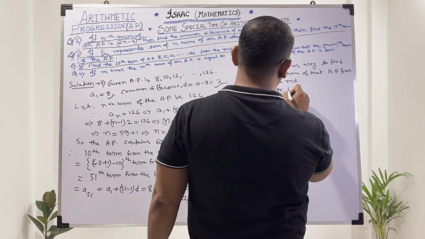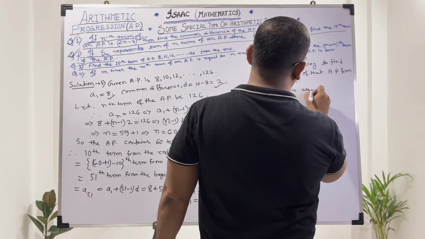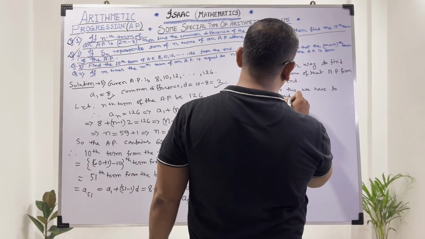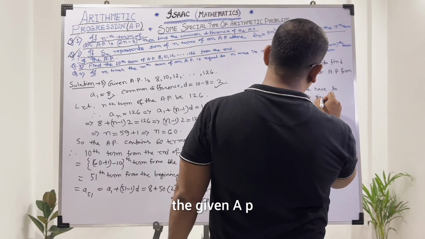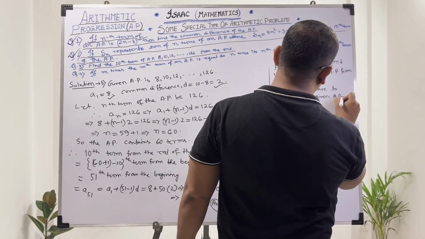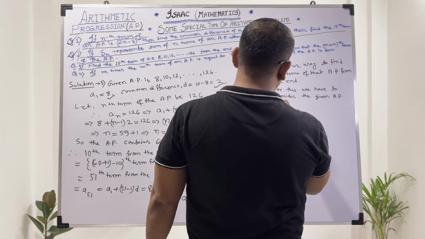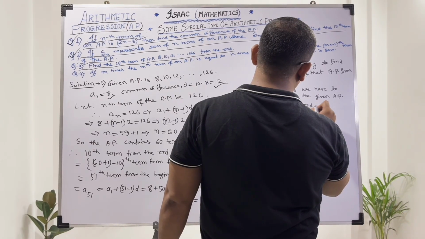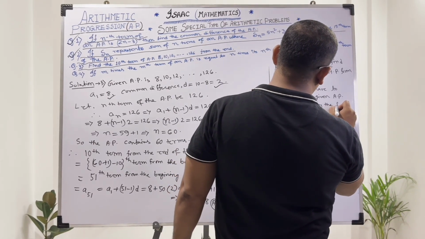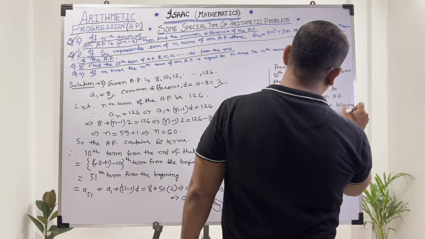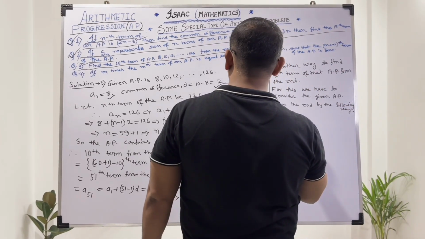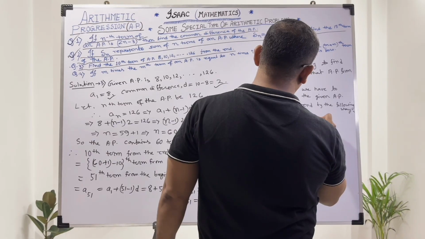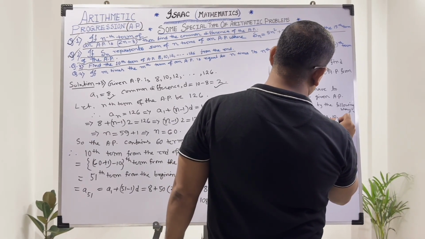For this, we have to consider the given AP from the end by the following way. 126, 124, continuing 12, 10, 8.